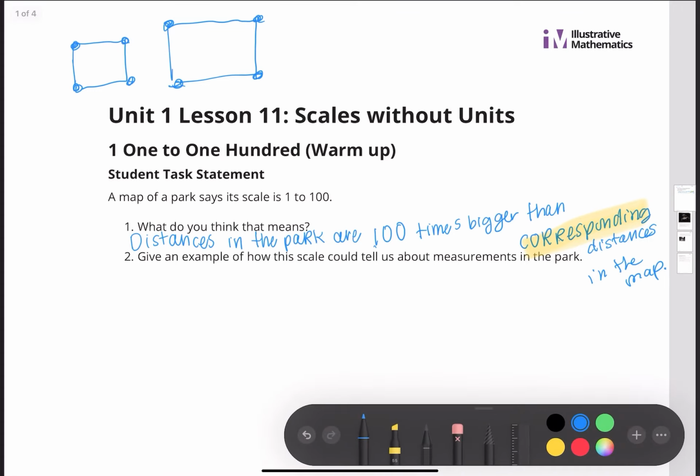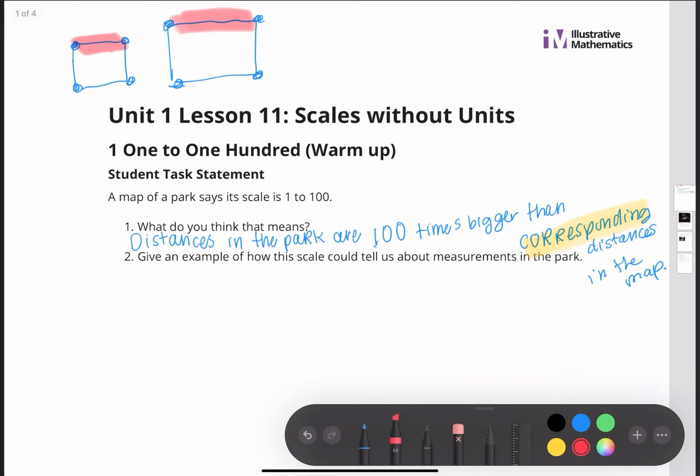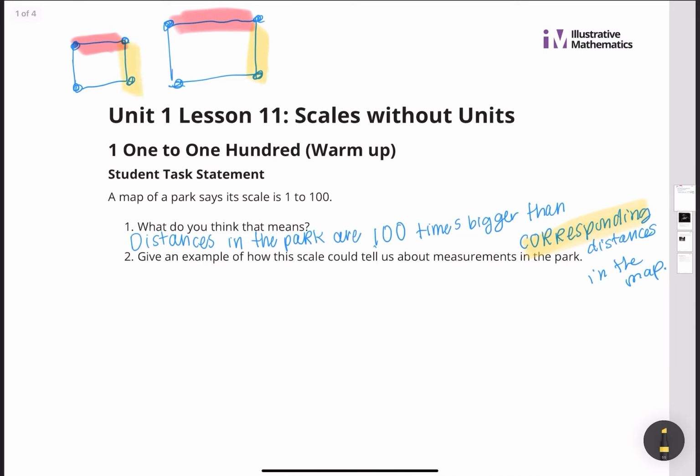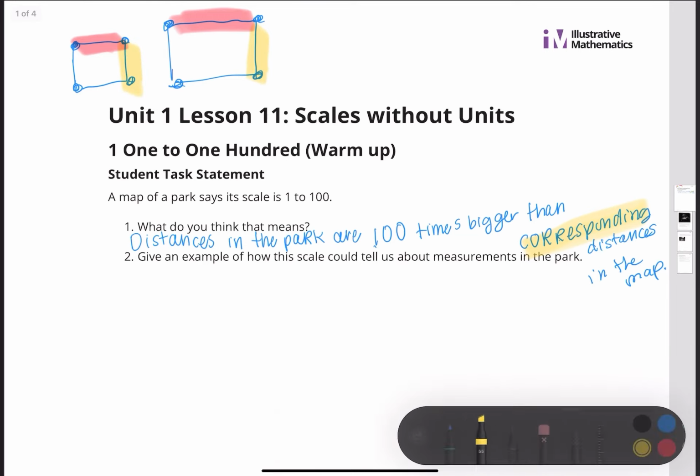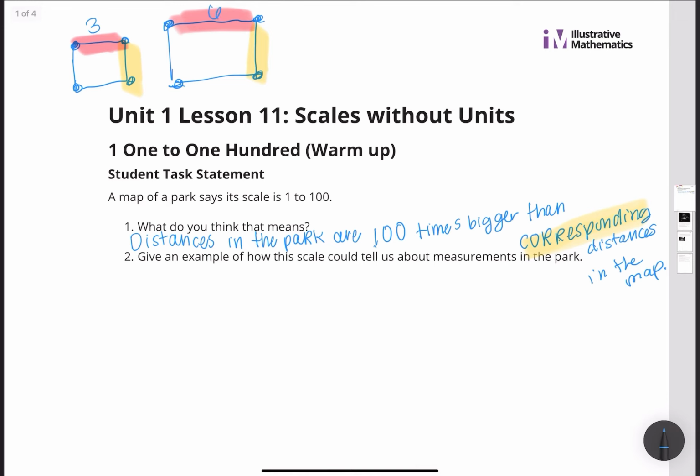The sides that correspond with each other, I'm going to highlight in red. This will correspond with each other. And I'll highlight this in yellow. This side will correspond with each other. Okay? So if this was 3 and it jumped to 6, this was 2 and it jumped to 4, and so on, those are sides that correspond with each other. Okay?